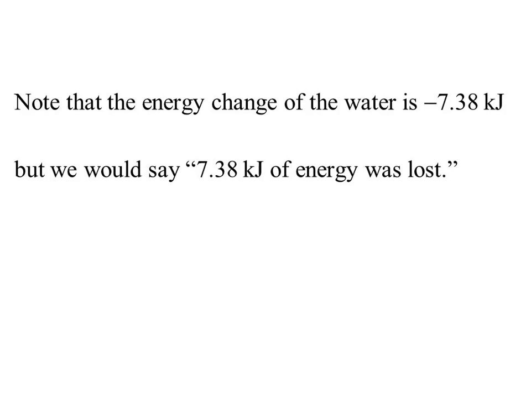If you literally use the words energy was lost, you are already saying Q is negative. So if you do that, you wouldn't say negative 7.38 kilojoules of energy was lost. It's implied there. Does that make sense? So if that number wasn't negative, would energy have been gained? Yes, very good.